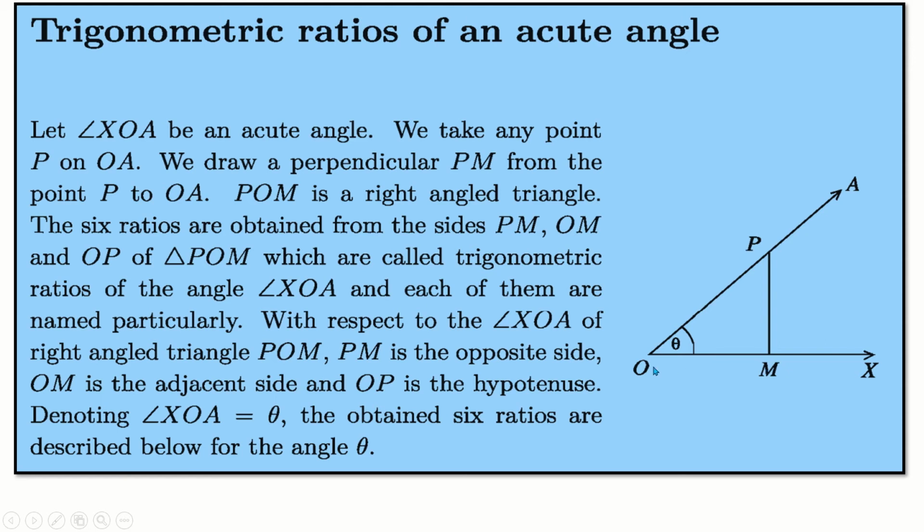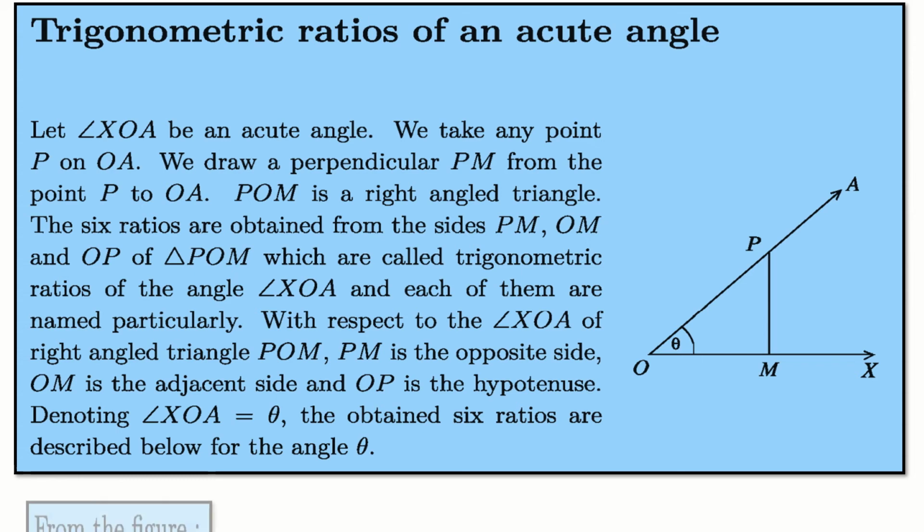OM is the adjacent side, OP is the hypotenuse. Another one is PM by OM, so PM by OM is equal to tan theta. PM is the opposite side divided by the adjacent side, or perpendicular divided by base. And the remaining three will be the reciprocals of sine, cos and tan.